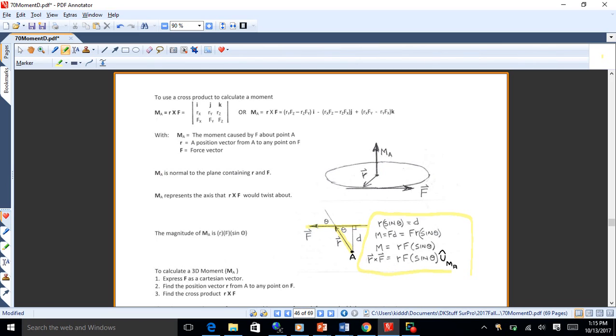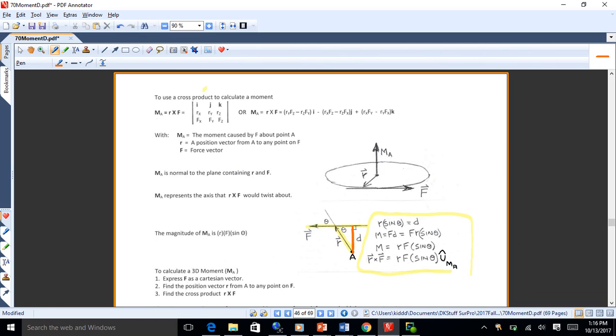Now, the magnitude of that cross product is the magnitude of the first vector times the magnitude of the second vector times the sine of the angle between the vectors, all right? So what do we got here? We've got the magnitude of the first, which would be F, times the magnitude of the second, which would be R. But if you remember, what we want for a moment is a perpendicular distance, not just any distance.